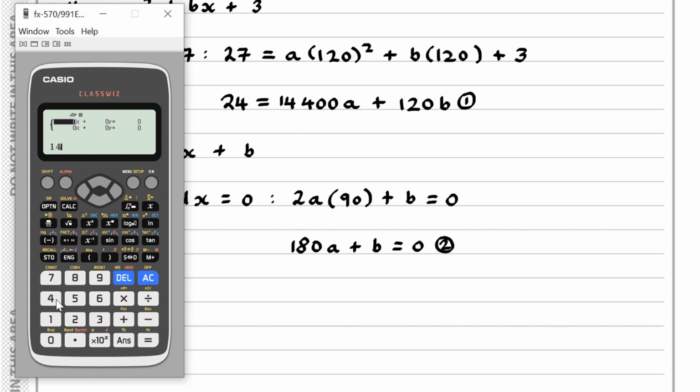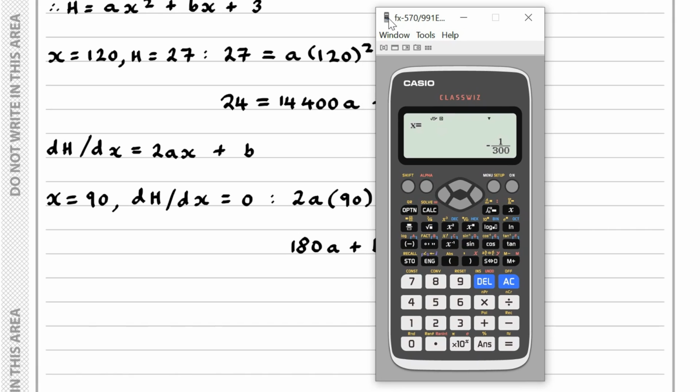So we've got 14400, 120, 24, 180, 1 and 0. You can see a is equal to minus 1 over 300 and b is equal to 3 over 5.